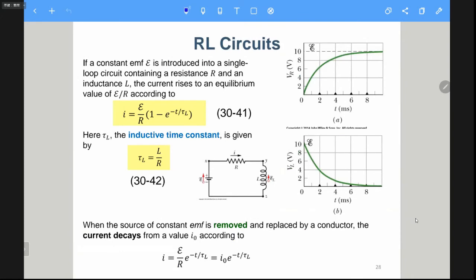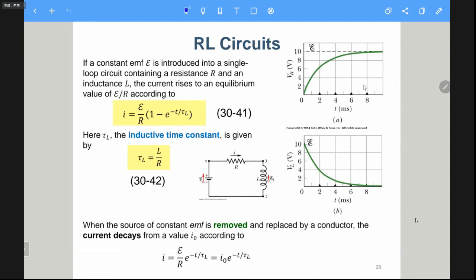Okay, so this is something like the RL circuit. If a constant EMF is introduced in a single loop circuit containing a resistance R and inductance L, the current rises to an equilibrium value E over R according to this one.